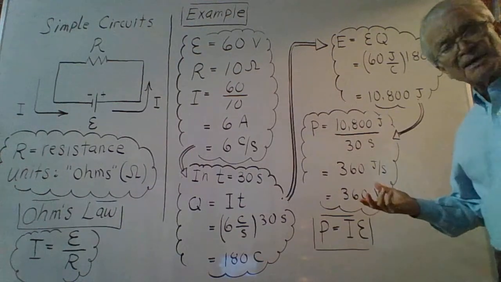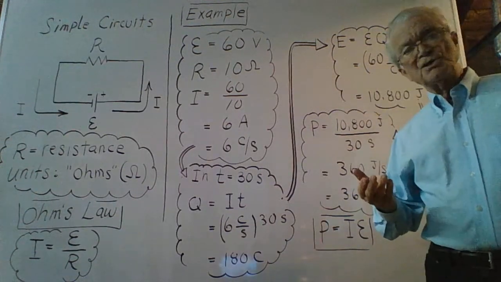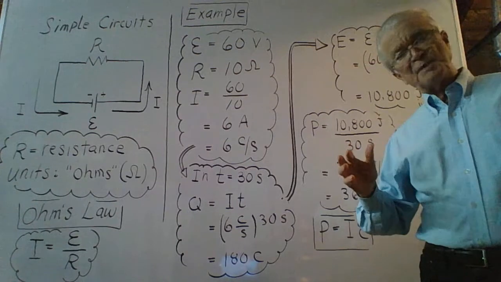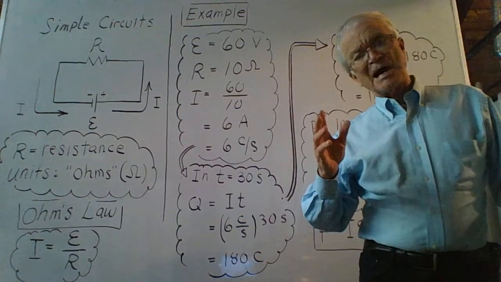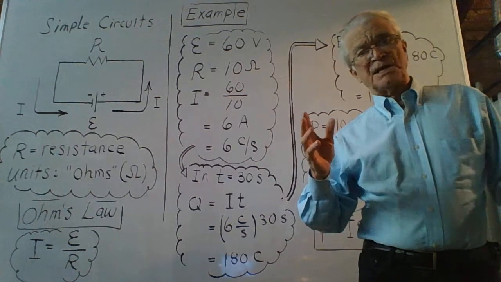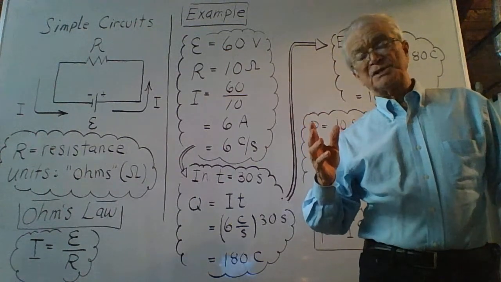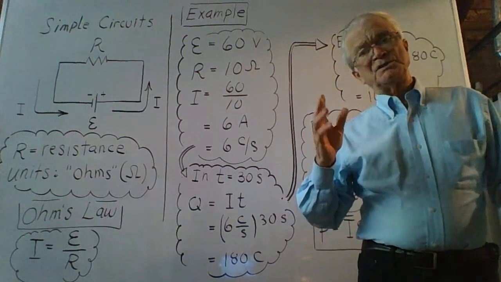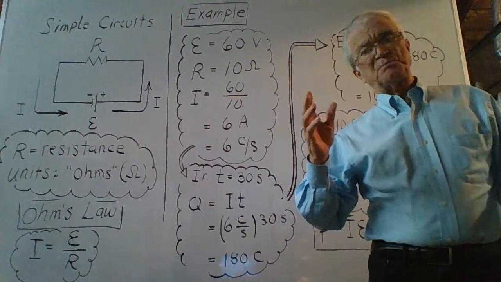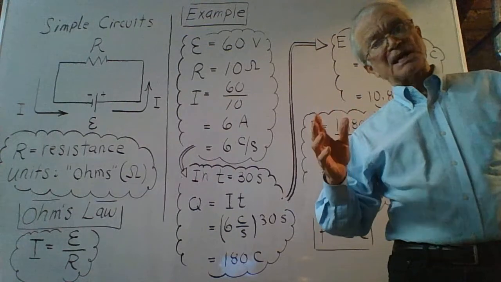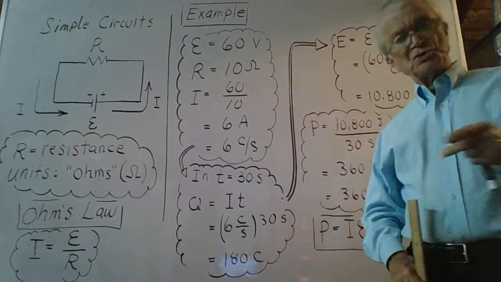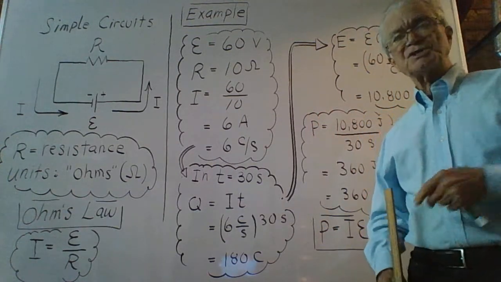We won't stop there. Let's calculate now what we can call the power output of the battery. Now, the power output of any agent, whether it's an animal, a human, a machine, in this case a battery, is the amount of energy that it expends or creates per second. Energy measured in joules, time measured in seconds.